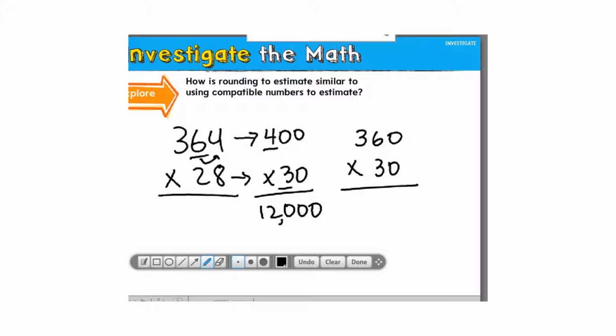And here, I might have to do a little bit of multiplication because I may not know what 36 times 3 is. So 6 times 3 is 18. That's 9, plus one more is 10, with 2 zeros. So this one is definitely the easier one, right? Because I could do that in my head. Hold on. The point is, listen.